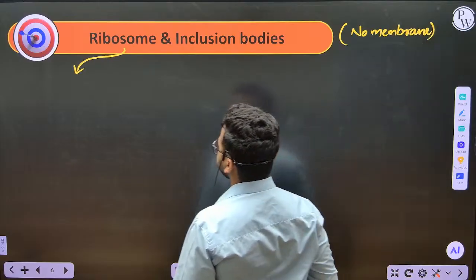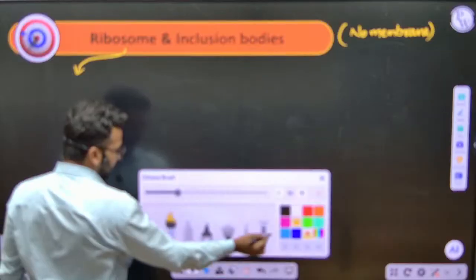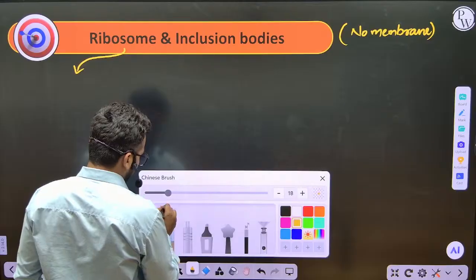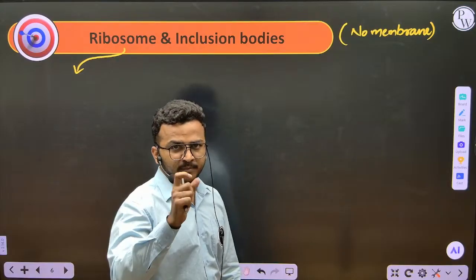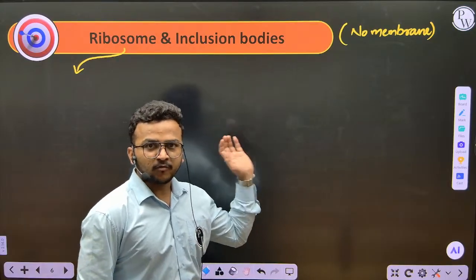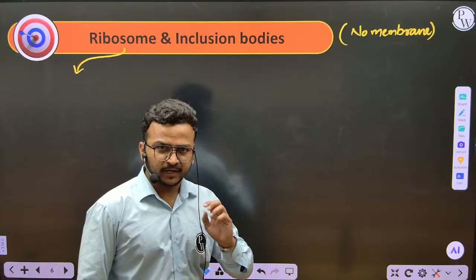Coming to the ribosome, there is some information given in the eukaryotic cell concept also under the subheading of ribosomes, but now we are going to discuss only prokaryotic ribosomes.